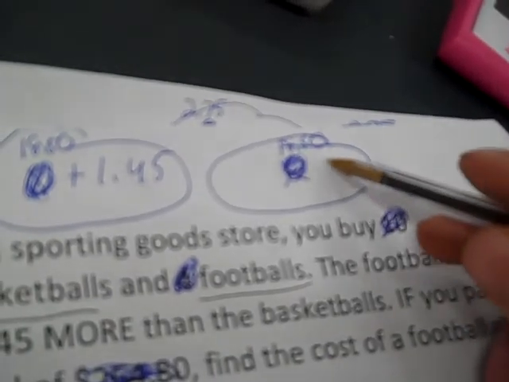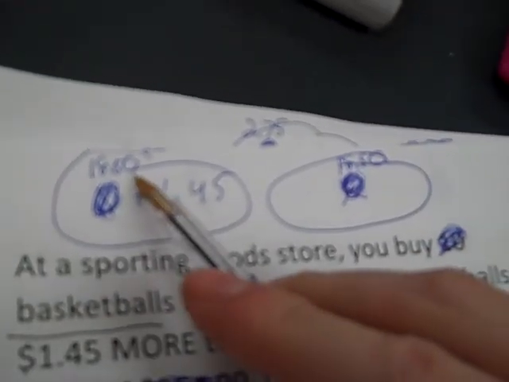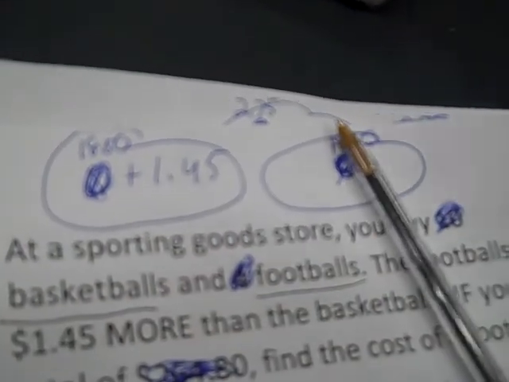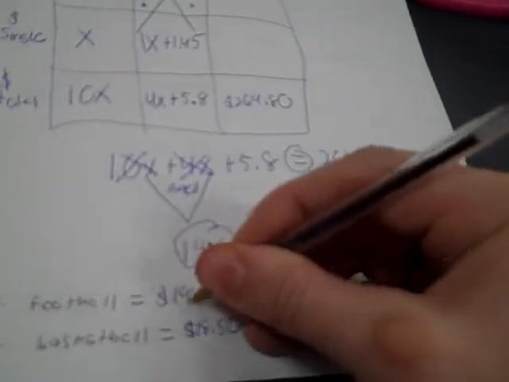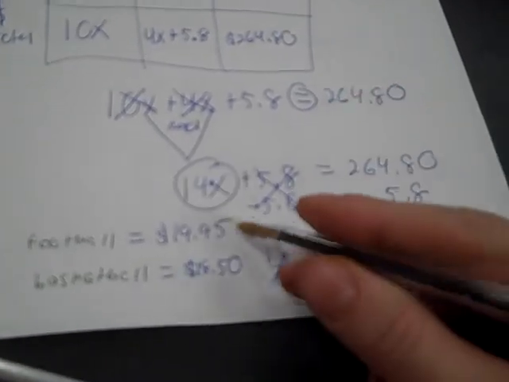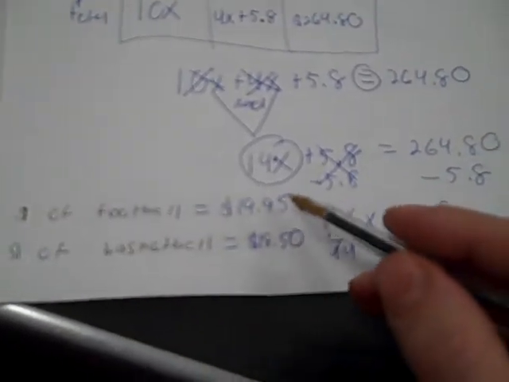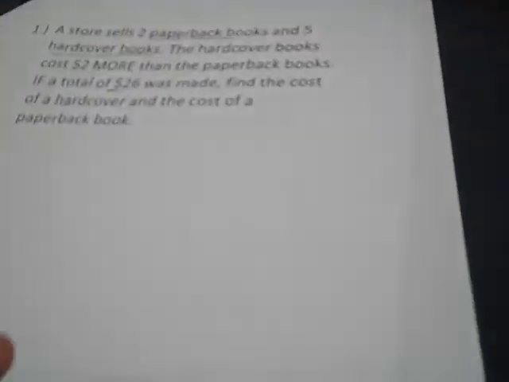So I already know I have 18.50. Now I take 18.50 plus 1.45. That's 19.95. Now don't be afraid of decimals because it's money. Okay, that's all I have to say on that. You have 2 on your own.